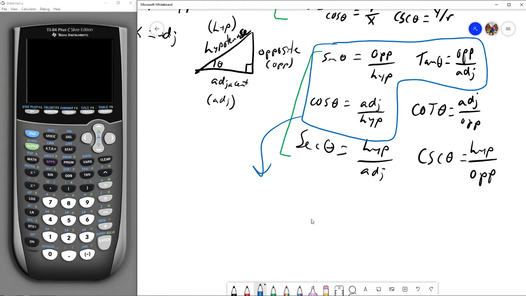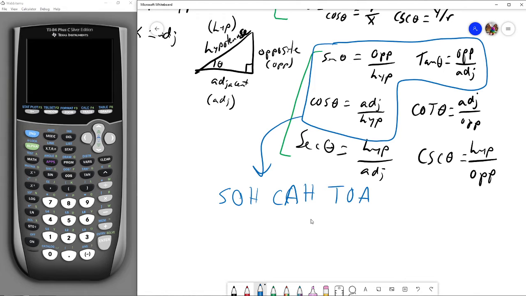So sine, we said, is opposite over hypotenuse. Cosine is adjacent over hypotenuse. Tangent is opposite over adjacent. You pretty much cannot escape trig without coming away with this memorization device, SOH-CAH-TOA.